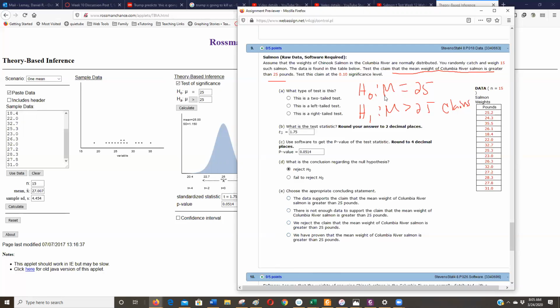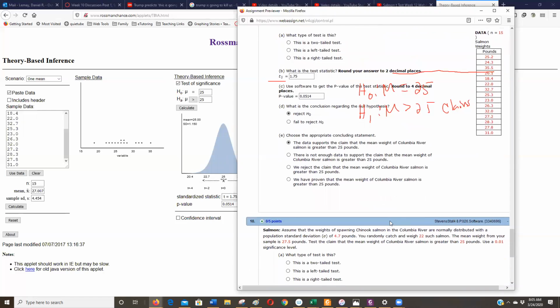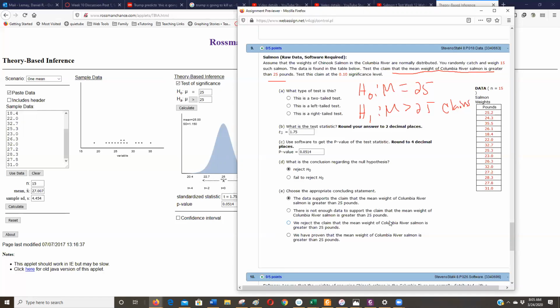We're saying we're going to reject H0, but what if we're wrong? That's a type 1 error. We can just say the data supports that. This is a right tail test, yeah. So that's how I would answer this question. I hope that helps. It's pretty easy to copy and paste that in.